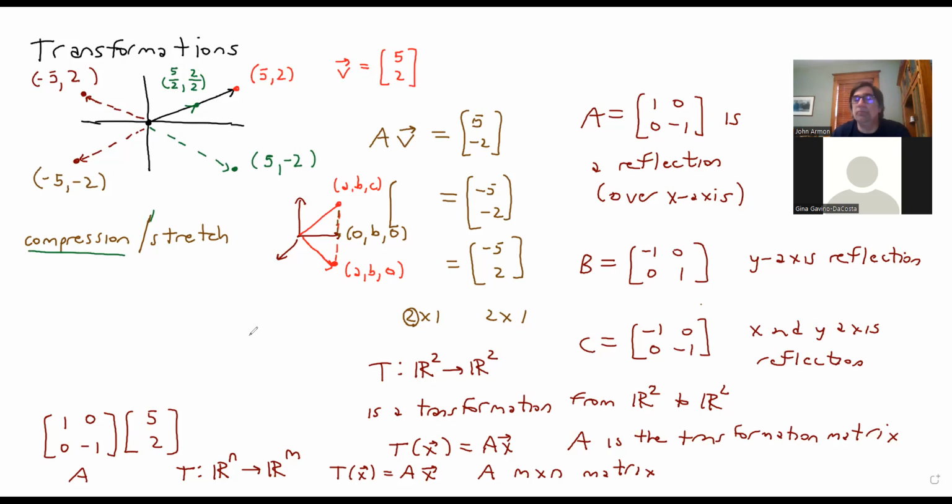That would be called a compression. We're dividing each of the components by 2. Since you're doing it for both of them, think about what that matrix would look like.